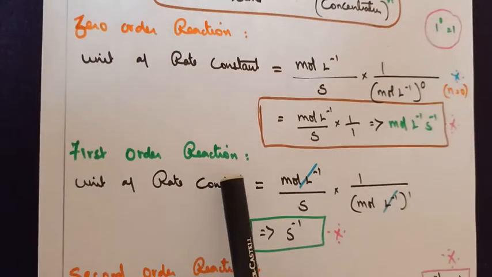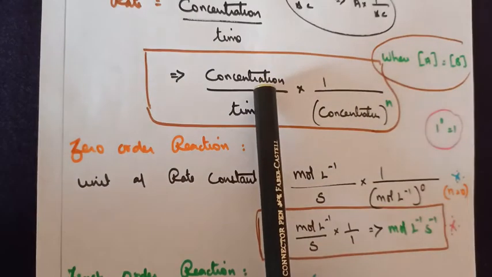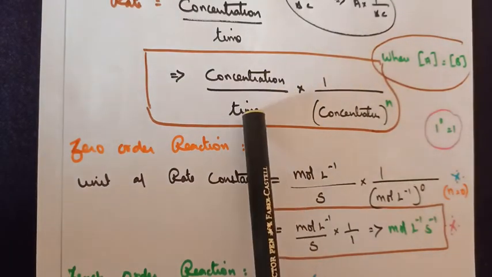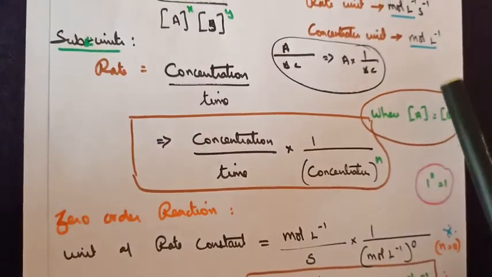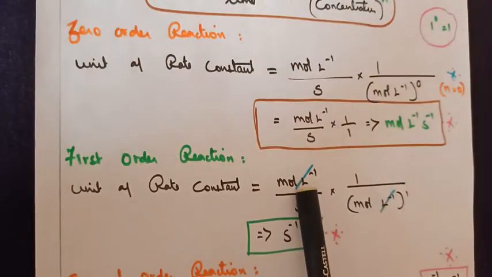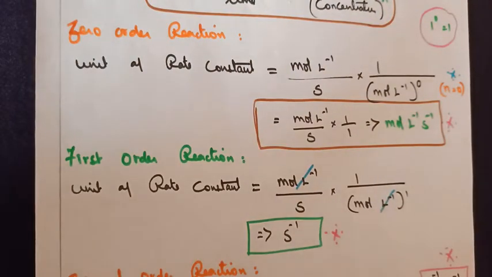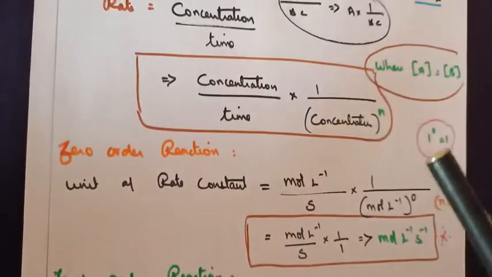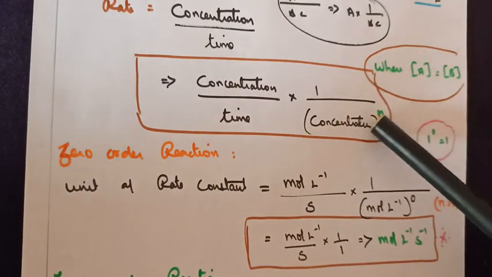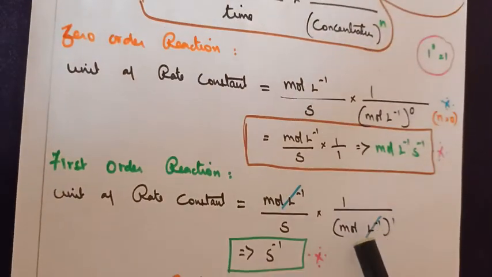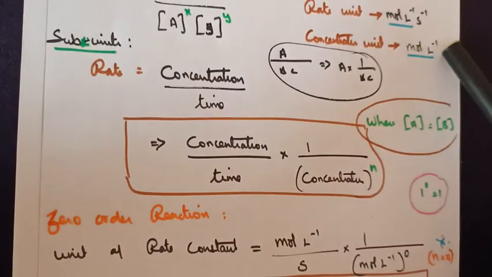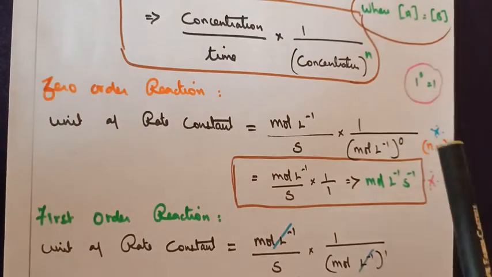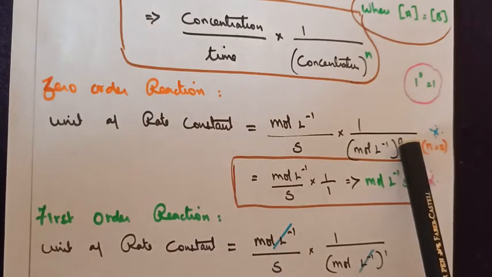Come back to the first order reaction. Same formula we will consider. So concentration by time. Concentration unit is mole liter inverse I have written, by time, seconds, I have written, into. Now here we have to write 1 by concentration to the power n. 1 by concentration term is mole liter inverse to the power n. For a zero order I wrote 0 here.